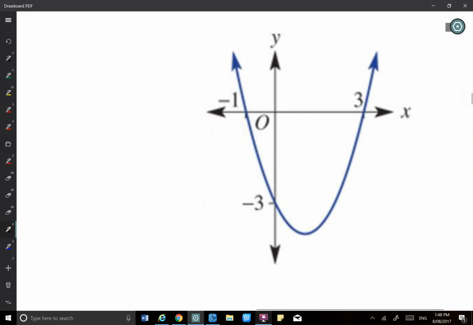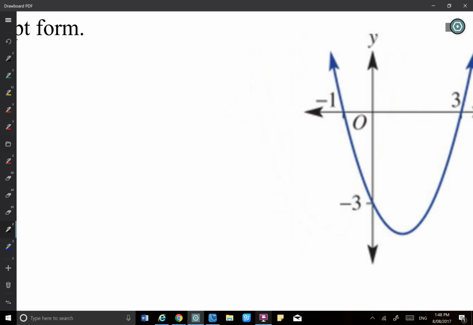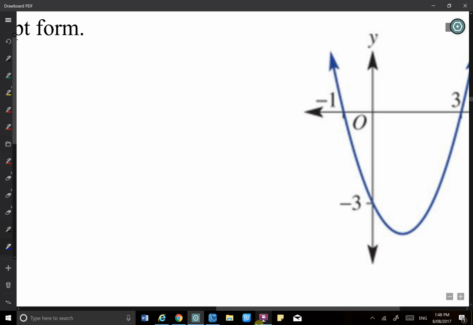Then let's have a look at this question. Which case, which rule can I use? The second one, we have two x-intercepts.